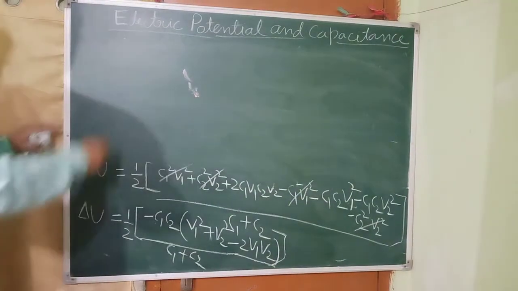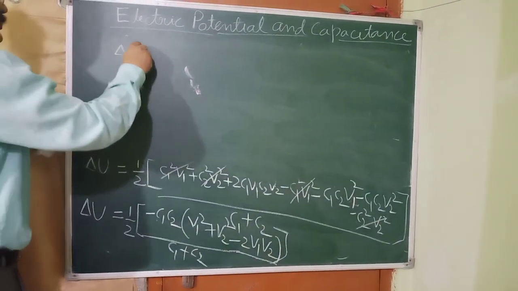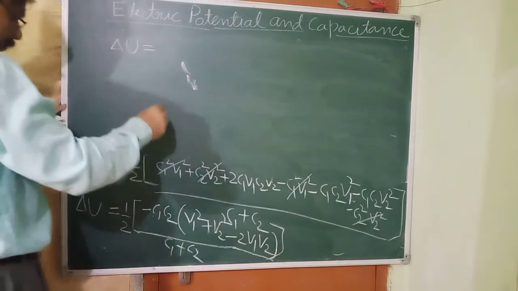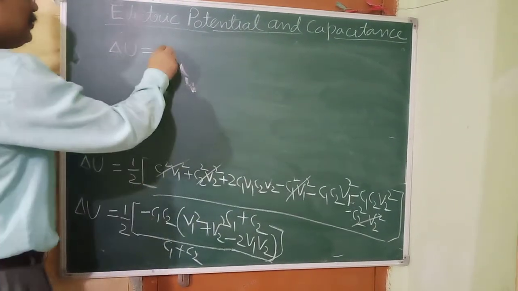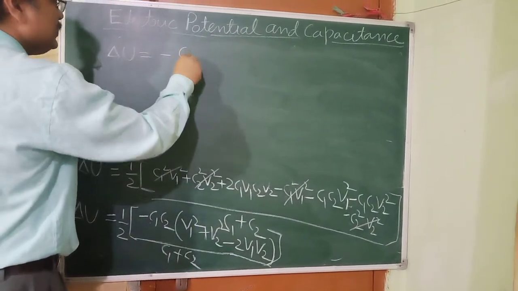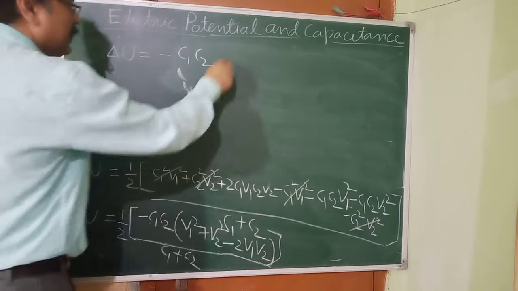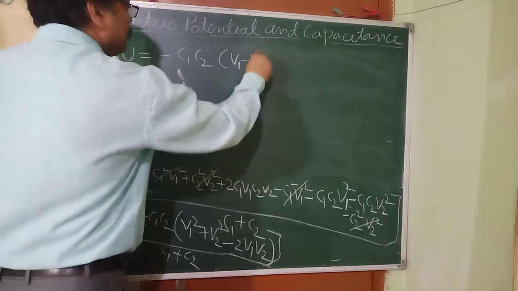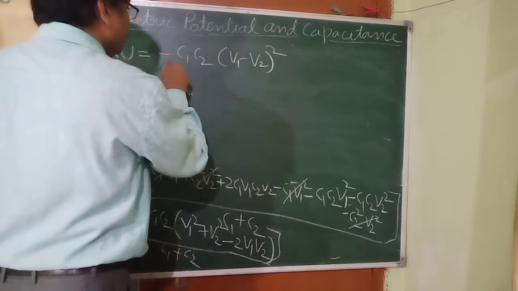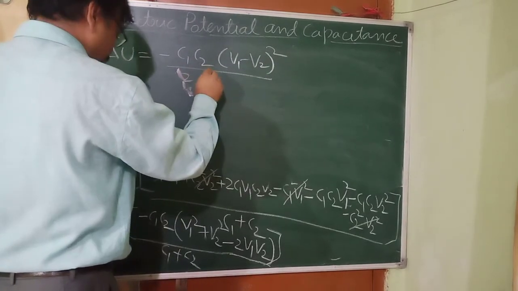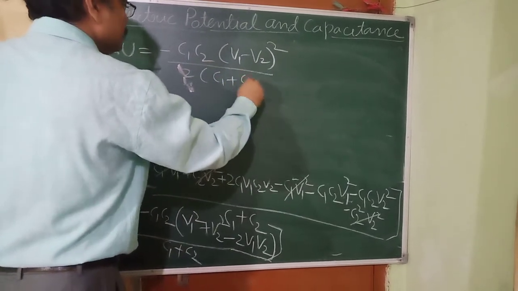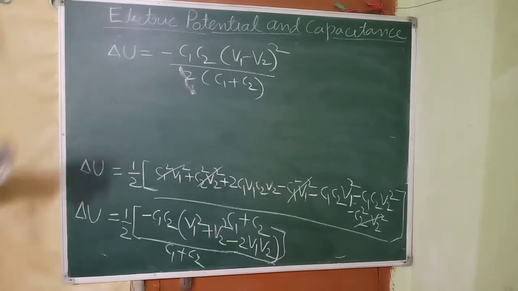So what will we get? Delta U is equal to minus C1 C2, and this is obviously V1 minus V2 whole square upon 2 into C1 plus C2. That's what we get. You can check it.